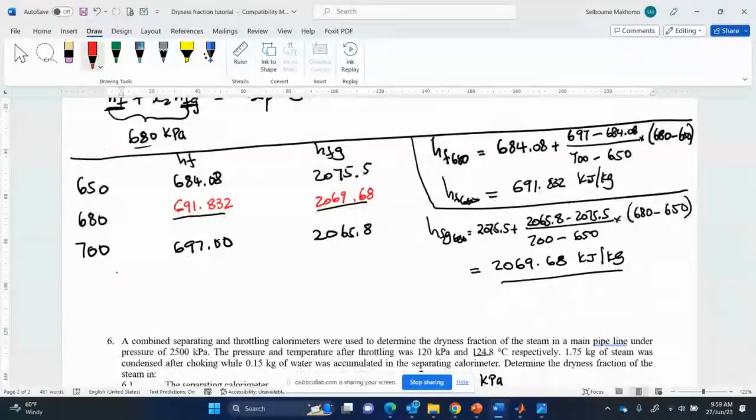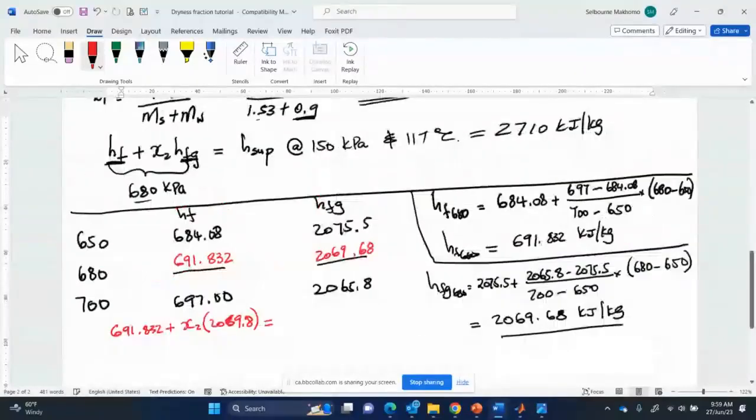HF, we say 691.832 plus X2 times 2069.8. Bracket, we said our H sub is 2710 or 2720.